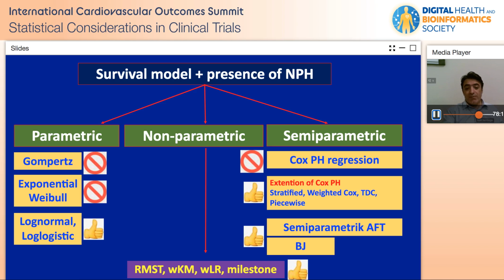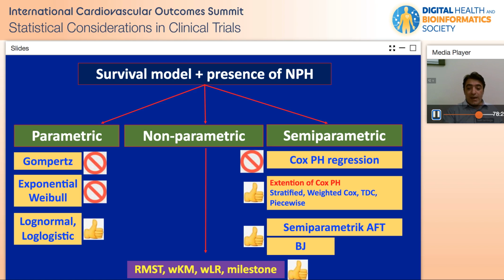However, weighted Kaplan-Meier, weighted log-rank, or especially restricted mean survival time or milestone analysis can be used.